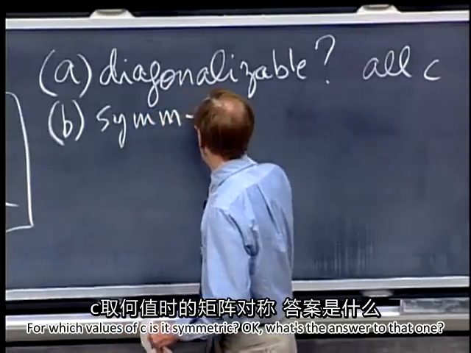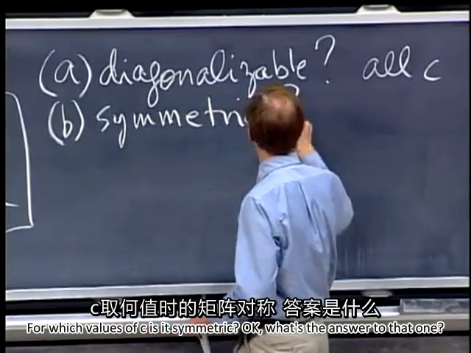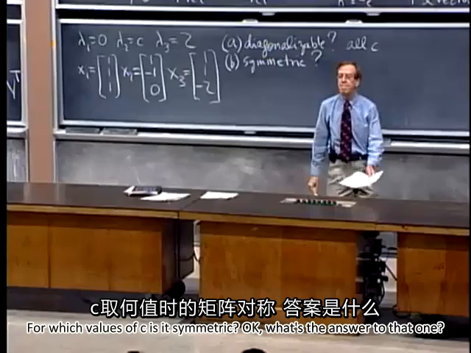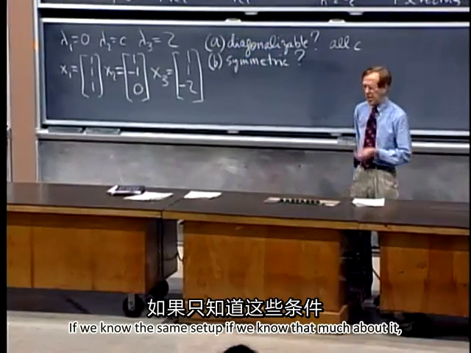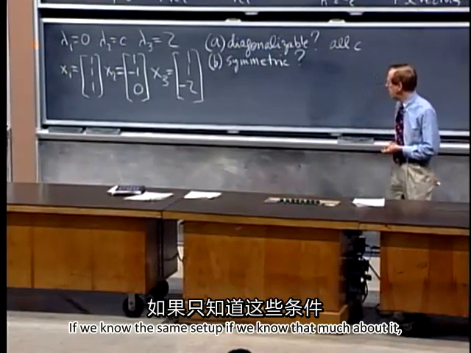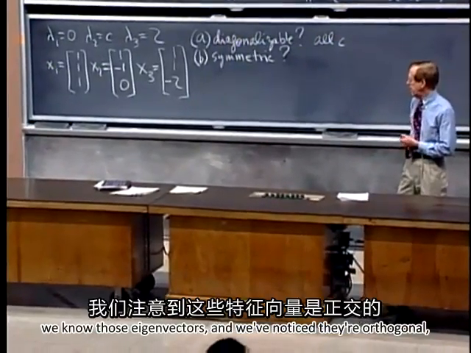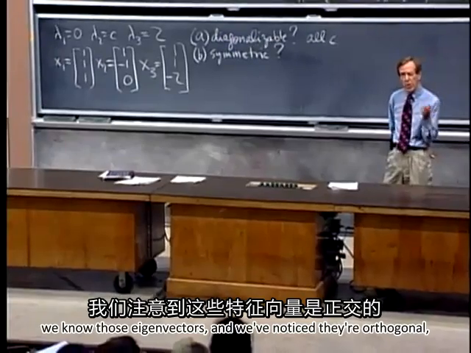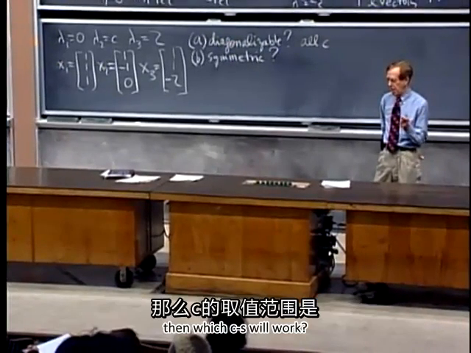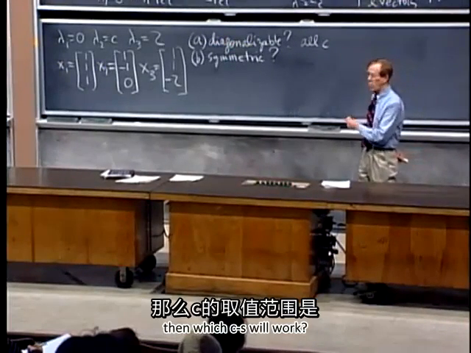Okay. What's the answer to that one? If we know the same setup, if we know that much about it, we know those eigenvectors, and we've noticed they're orthogonal, then which C's will work?